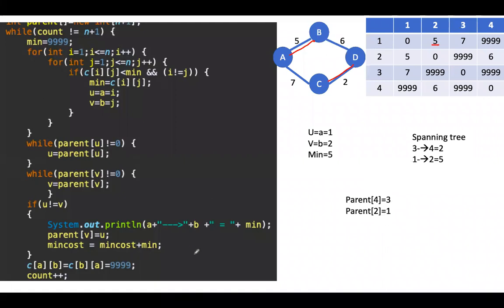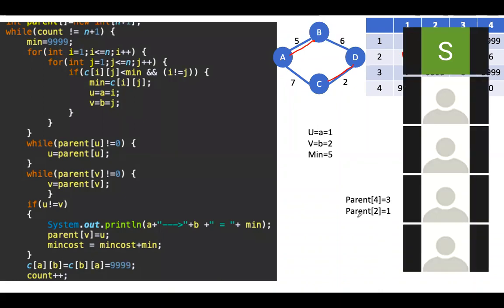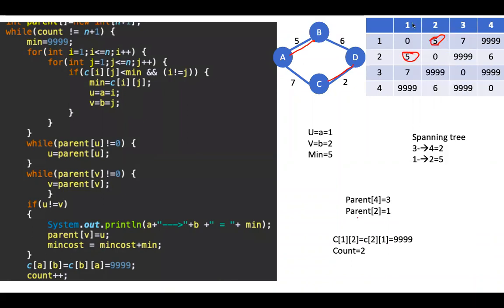And minimum cost will increment. And these two locations, 1 to 2 and 2 to 1, are already part of the spanning tree. These values are not required for the next iteration. So we'll update them to 999. C of 1 to 2, 2 to 1, we'll update to 999.